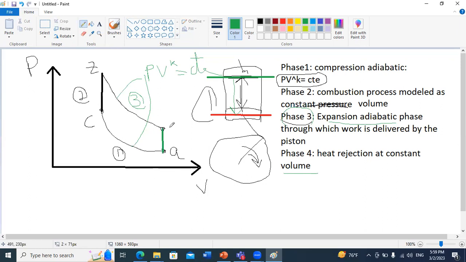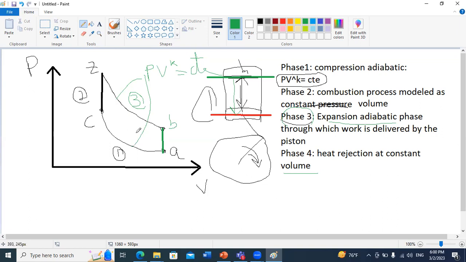And now we want to do the analysis of this cycle. We want to know what is happening in each process, because our final purpose is to calculate the efficiency. So we want to determine the efficiency of this internal combustion engine. So let us first understand what is happening in each process to write the equation of the efficiency.